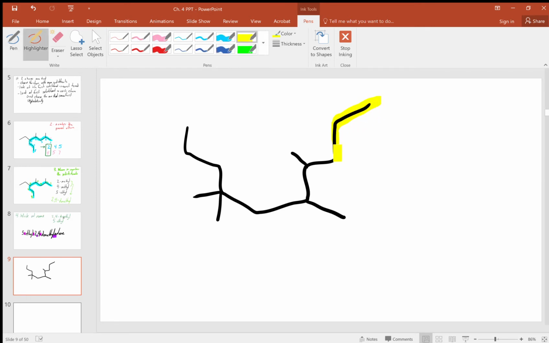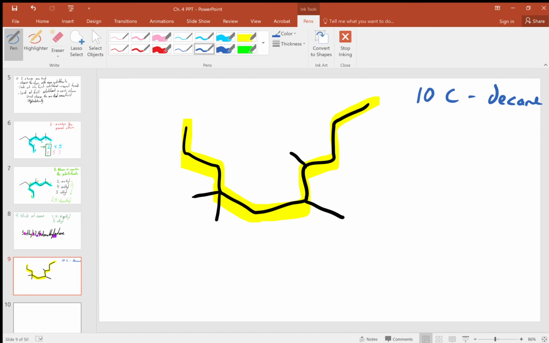And so we can see that chain goes here. How many carbons overall? We should get 10 carbons. So our parent chain here is decane.